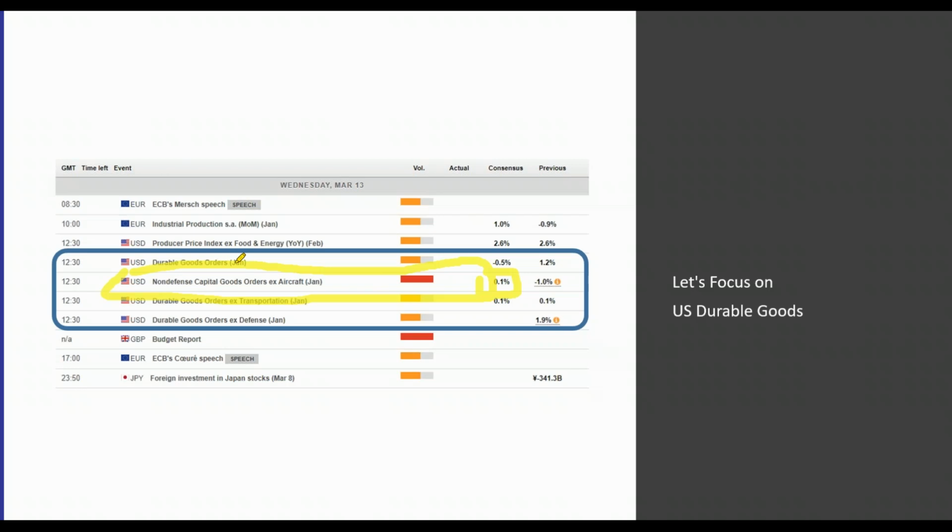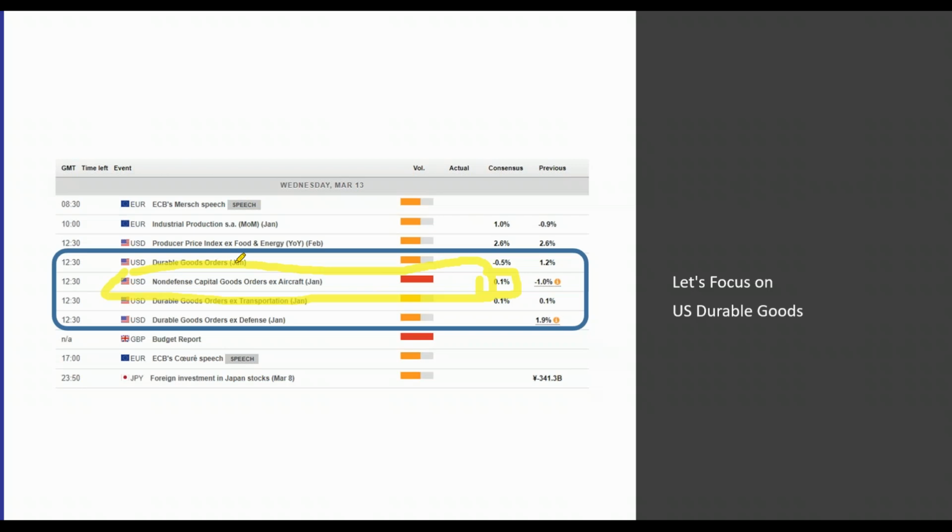Same thing when you're including aircraft, because aircraft are millions and millions of dollars. So 1 or 2 or 3 aircraft sold or delivered that month can affect this number significantly. So the important number is what we call core durable goods, which takes out these huge items from that report.